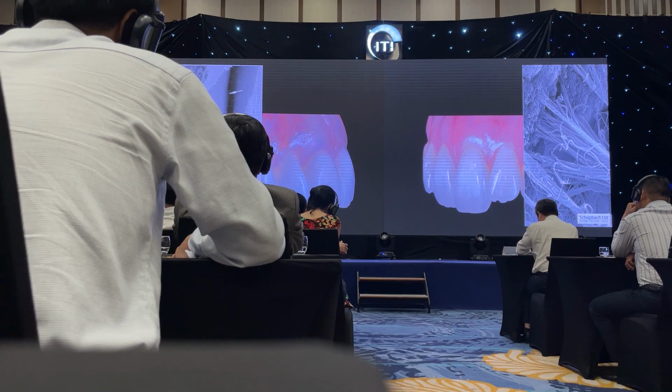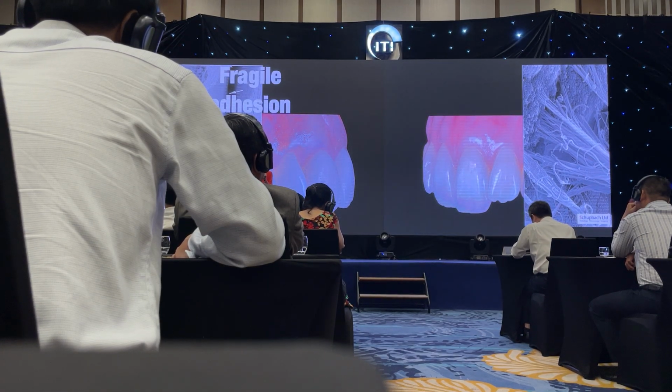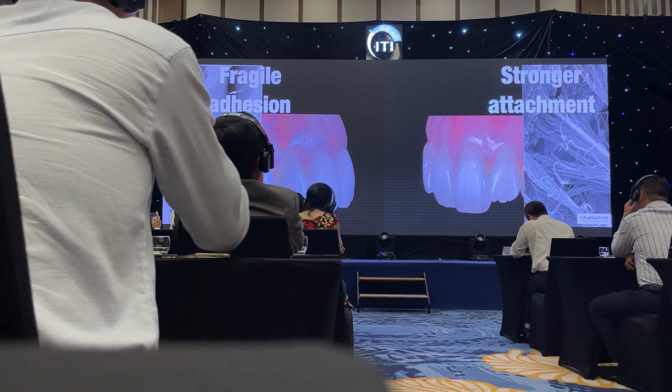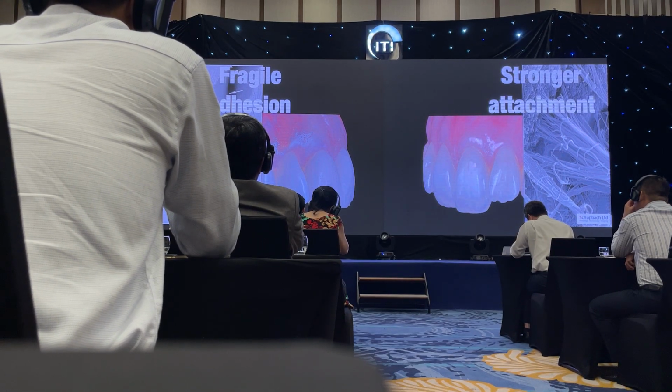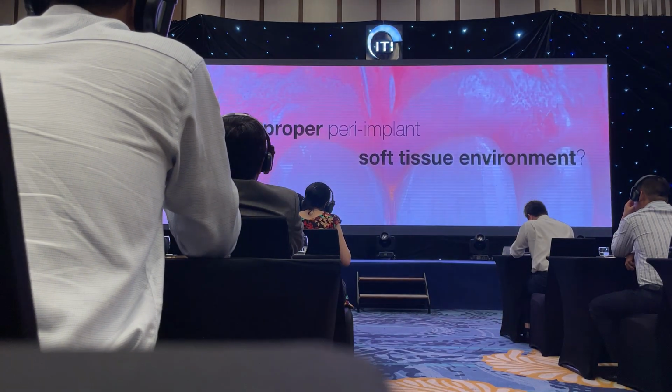So basically, what we have to keep in mind is that around an implant, you have a fragile adhesion. Why? On a natural tooth, you have a stronger attachment. Okay?